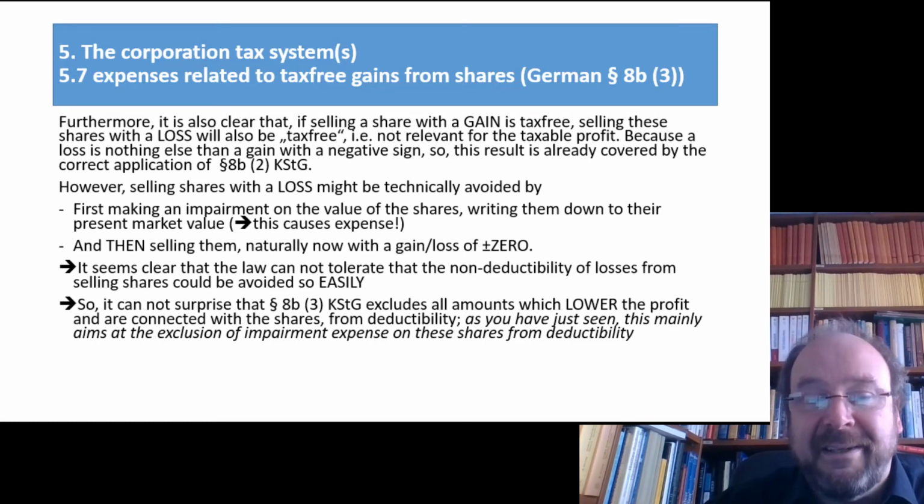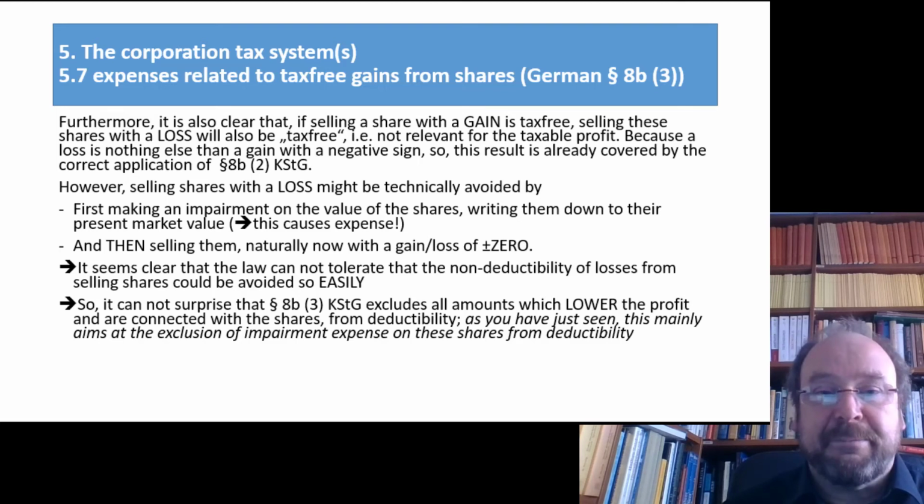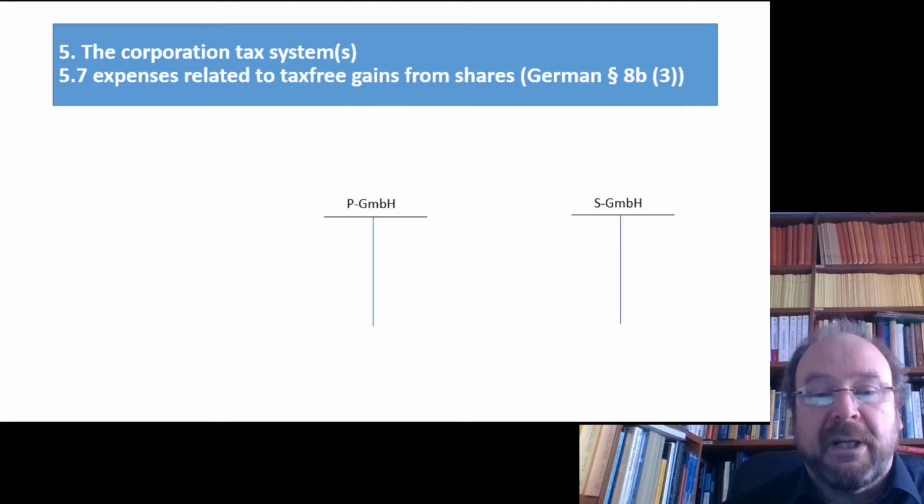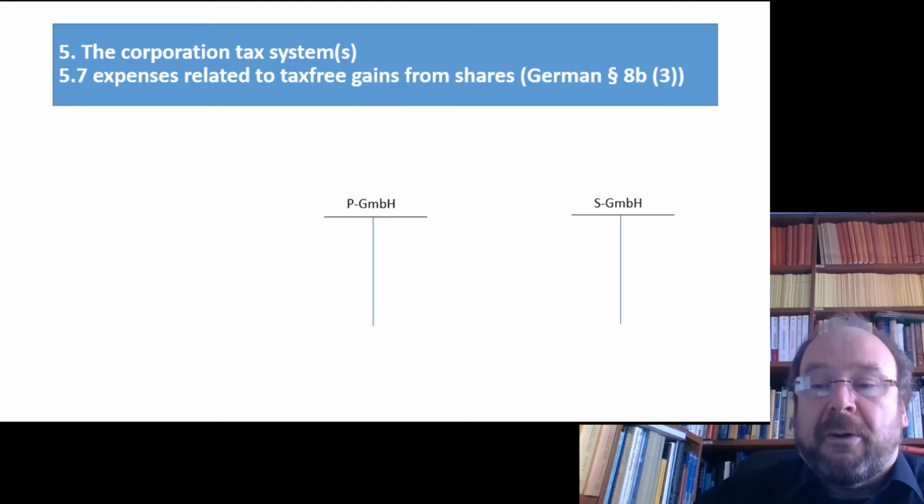This aims mainly at the exclusion of impairment expense, but officially also covers any other expense which lowers the profit and is related to the shares which could be sold tax-free and can only bring tax-free dividends.